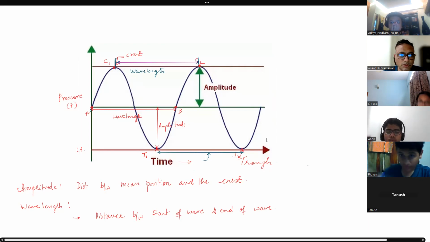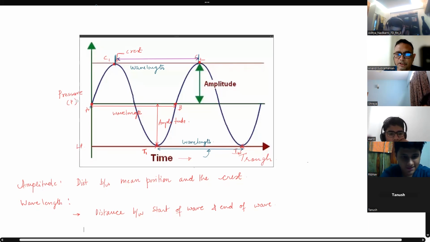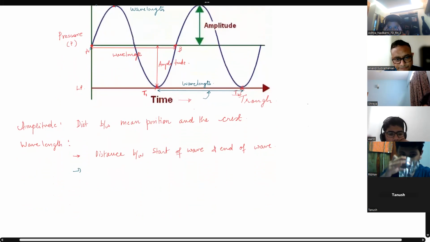So whenever you are going to talk about wavelength, it is the distance from the starting point to the ending point, or the distance between two crests, or the distance between two troughs. Any of these is the wavelength of the wave.